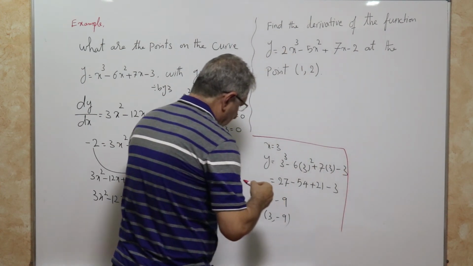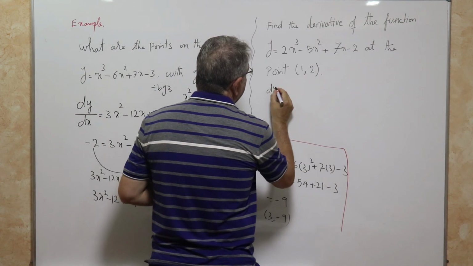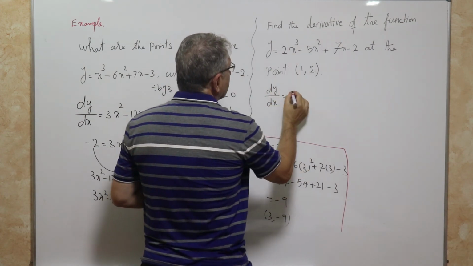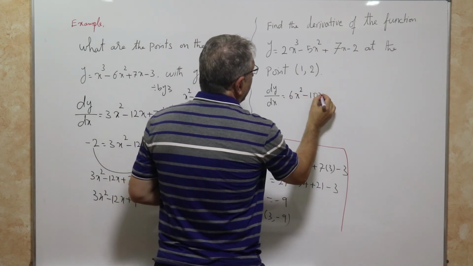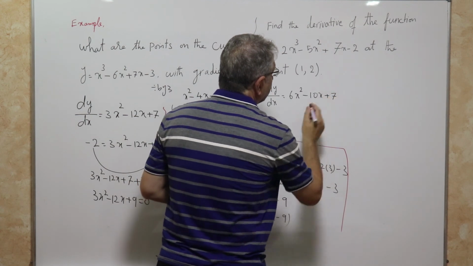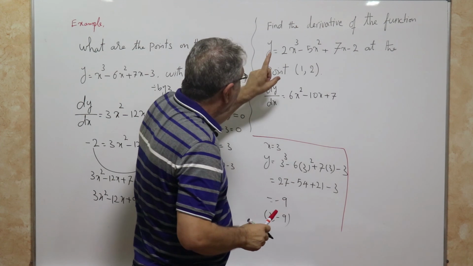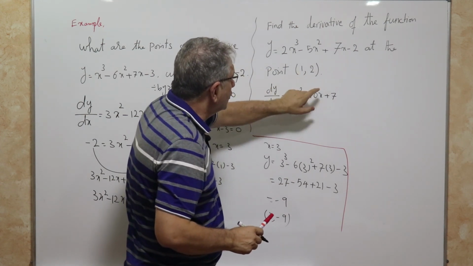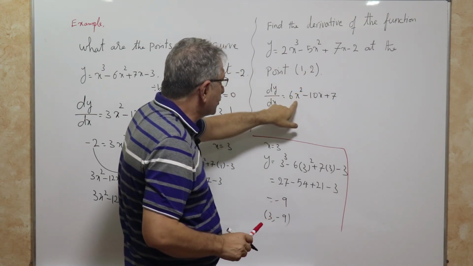Just, first of all, you find dy by dx. Dy by dx is 6x to the power of 2 minus 10x plus 7. Now, you want to find the value of dy by dx at this point. At this point means x is 1, y is 2. I don't need this value of y, I need only the value of x to substitute here.